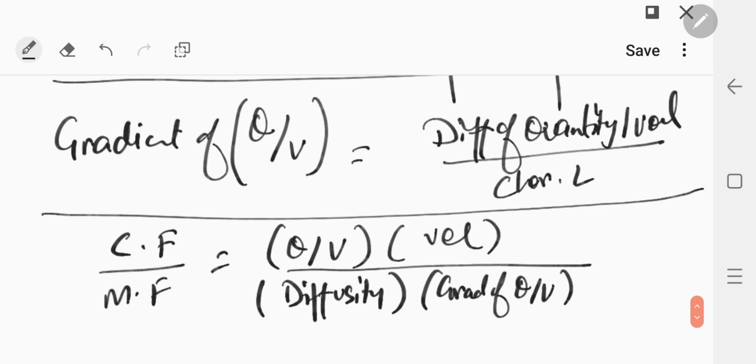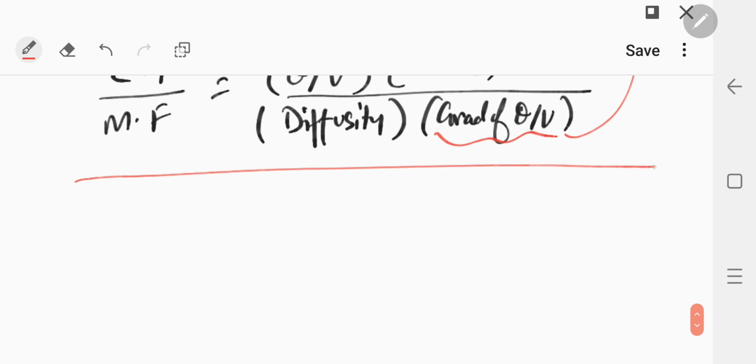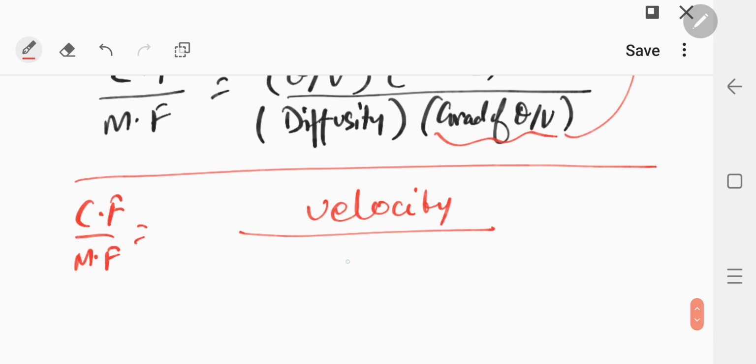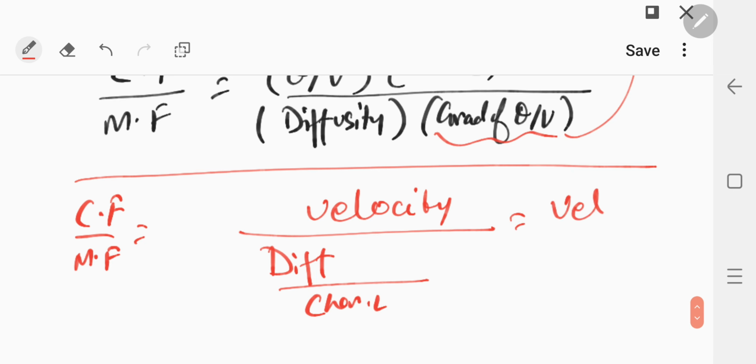Now if I substitute the gradient of the quantity by this term, the convective flux by molecular flux can be represented as velocity over diffusivity divided by the characteristic length, which is nothing but velocity into length divided by the diffusivity.